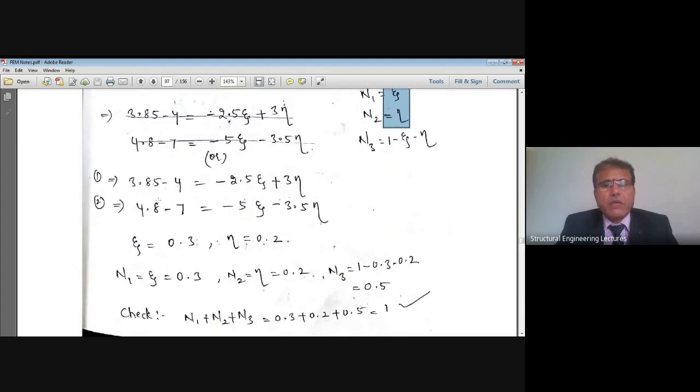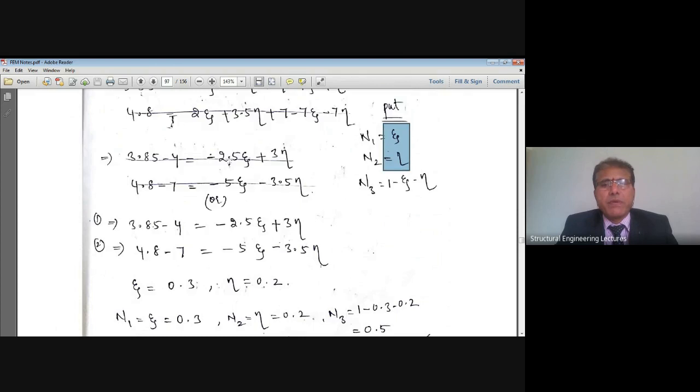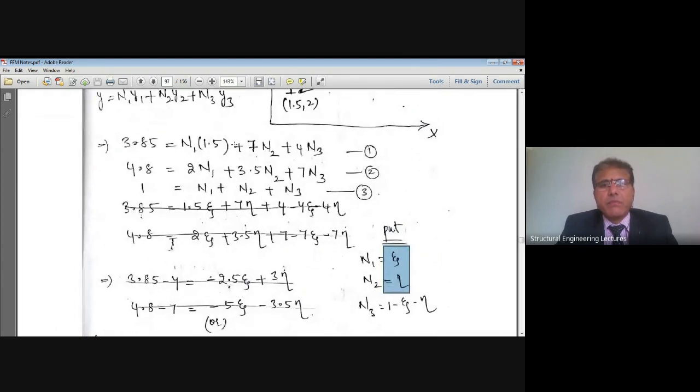Now doing it, I'll get 3.85 minus 4 is equal to minus 2.5 multiplied by xi, because N1 multiplied by 1.5 means 1.5 multiplied by xi, and N3 will have minus 4.